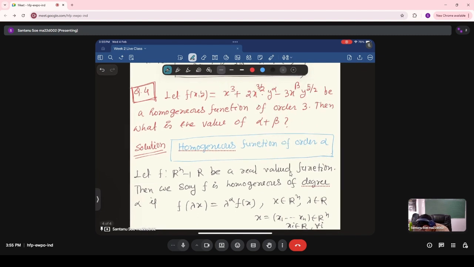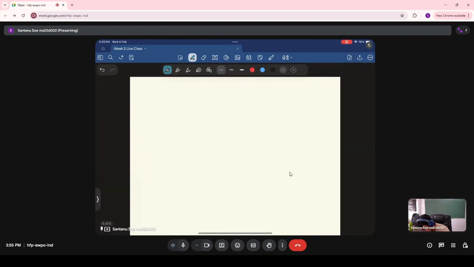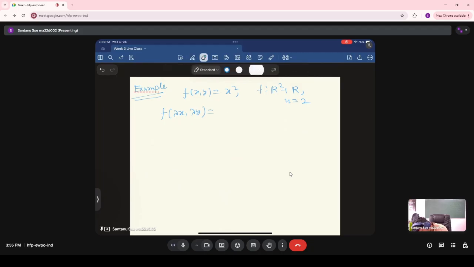Okay, so now let us see an example of a homogeneous function. So consider this function. So now f is a function from R2 to R, so that means n is 2 here. So now you see that f of lambda x comma lambda y is the same as lambda x square plus y square, so this is lambda square times f of x comma y.